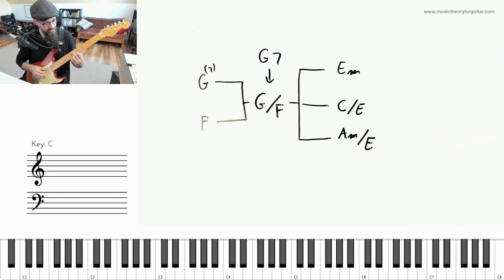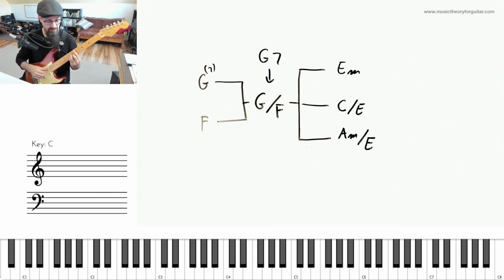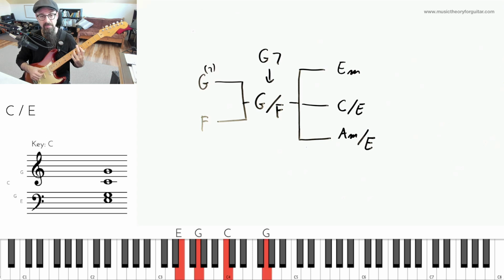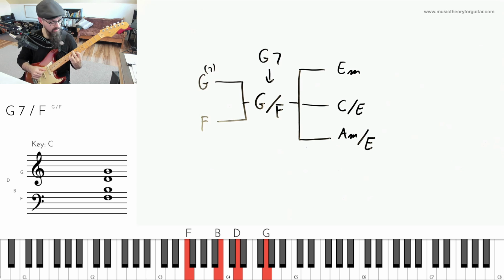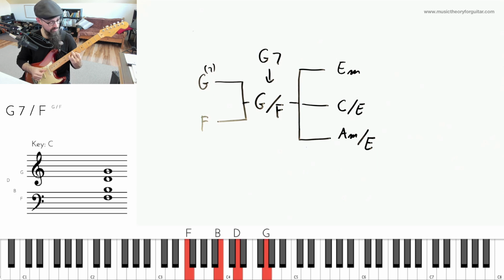So for instance, I can have G with a bass of F and then E minor, and it works. Or G with a bass of F and then C with a bass of E, or G with a bass of F and then A minor, which I will actually play in a slightly different way, like this.